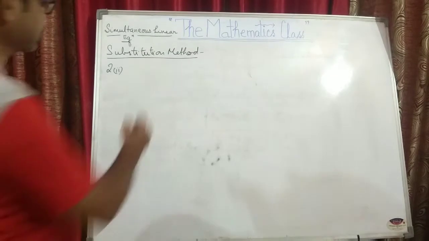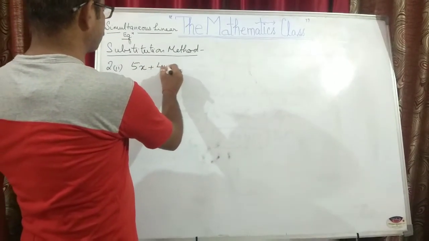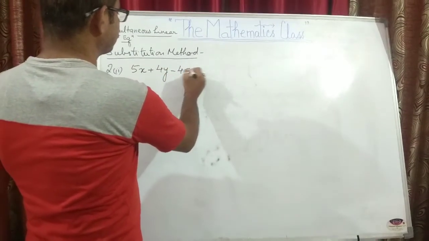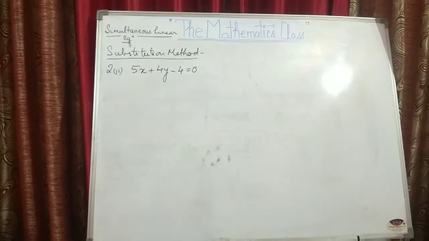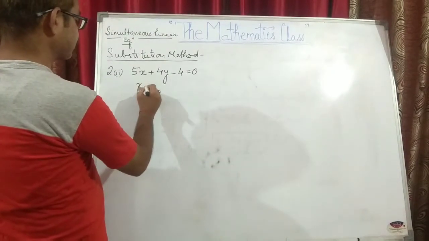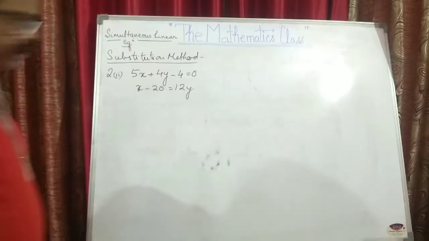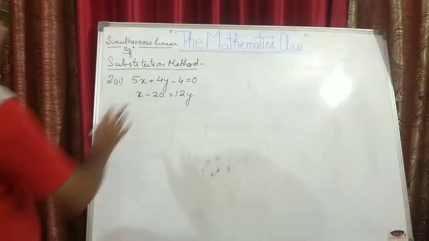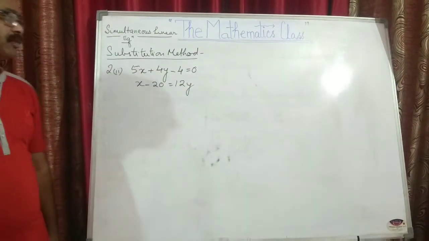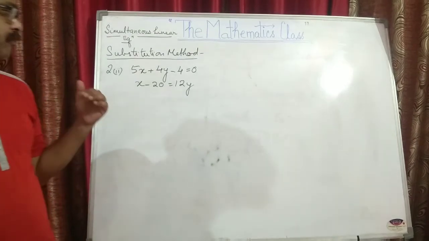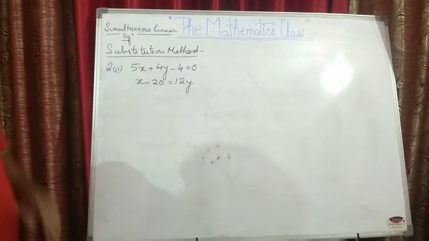It is 5x plus 4y minus 4 is equal to 0, and then x minus 20 is equal to 12y. This is the question. Now you have to solve this simultaneous linear equation. Solve means you have to find the values of x and y, and my method will be substitution method.